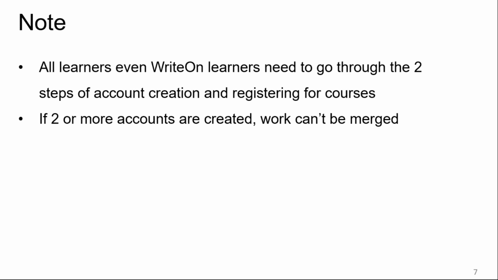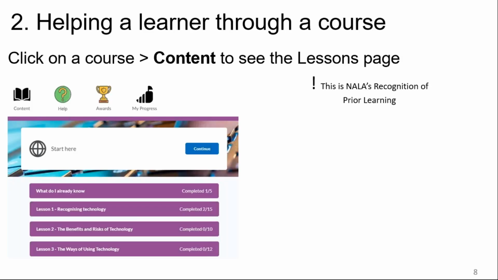I would recommend in that case, if they're working towards QQI awards, to finish off the courses that they've started as an independent learner, and then to go and start new courses under the centre account. Again, you can email me whenever you want at any stage and get advice on that if you have learners who've already started. Once the learner account has been created, then we ask you to help the learner through the course, and I'll step through how that works.